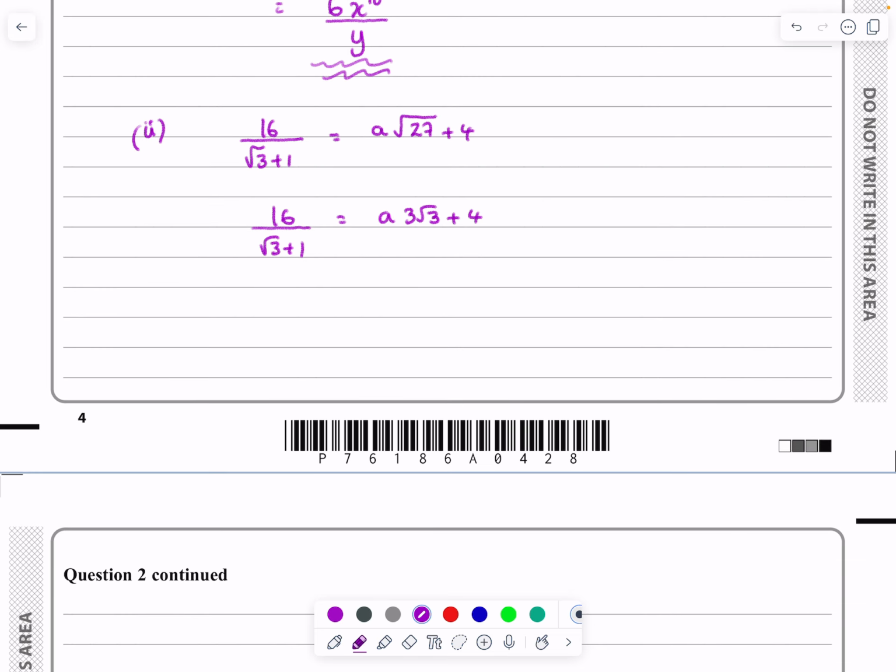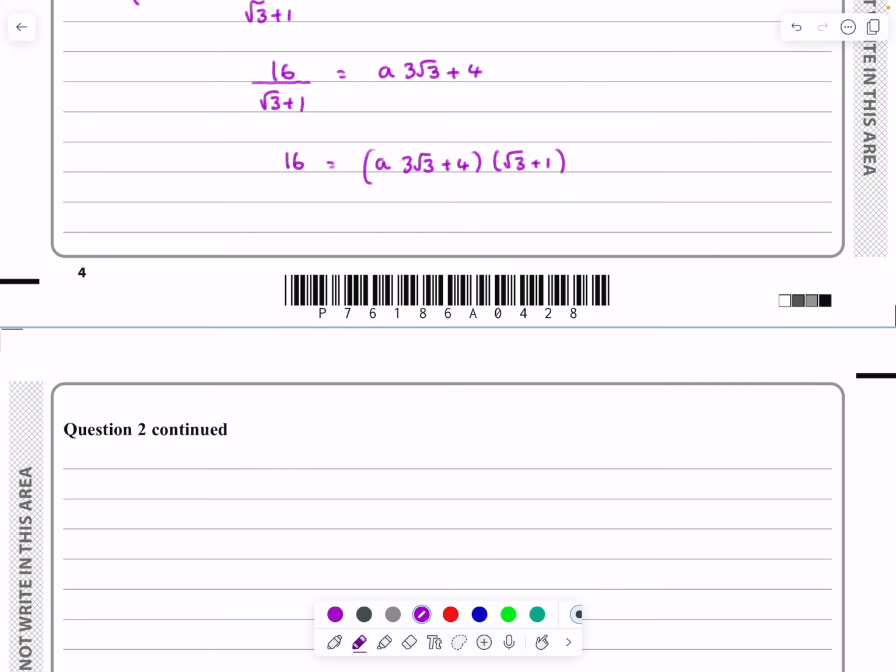So I want to try and make a the subject of this. There's lots of different ways of doing it. What I'm going to do is get rid of that fraction first of all. So I'm just going to say a 3 root 3 plus 4 all multiplied by root 3 plus 1. Different ways of doing this, but it seems like a sensible way to go.